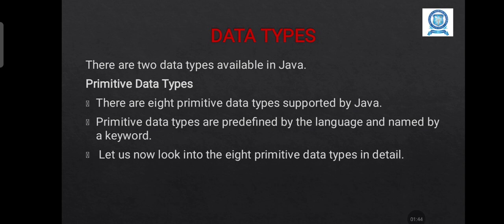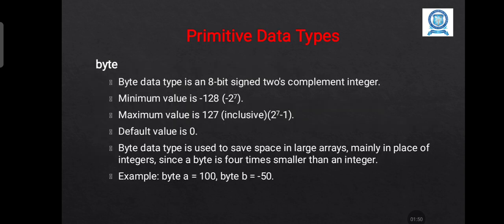Primitive data types are predefined by the programming language and they are named by a specific keyword. First of all, the smallest primitive data type is byte. It is an 8-bit signed data item. It has a minimum value of minus 128 and a maximum value of 127. The default value is 0. We can define the primitive byte data type with the keyword byte.